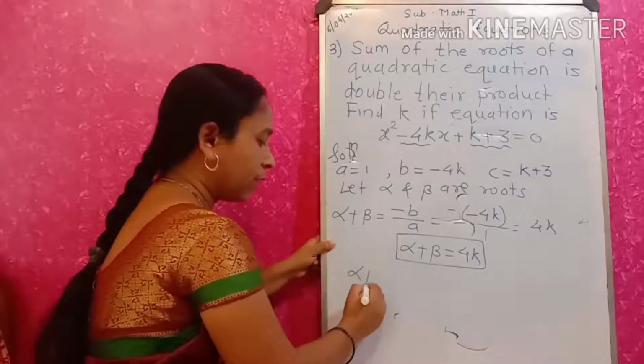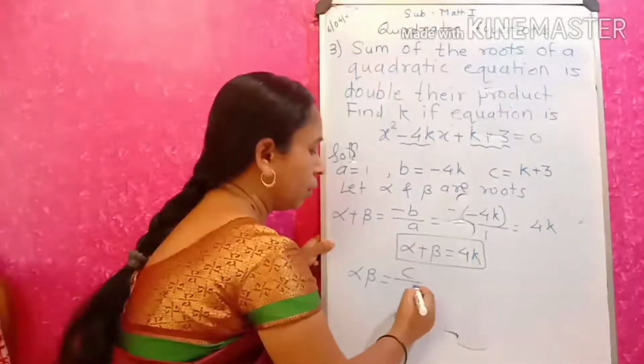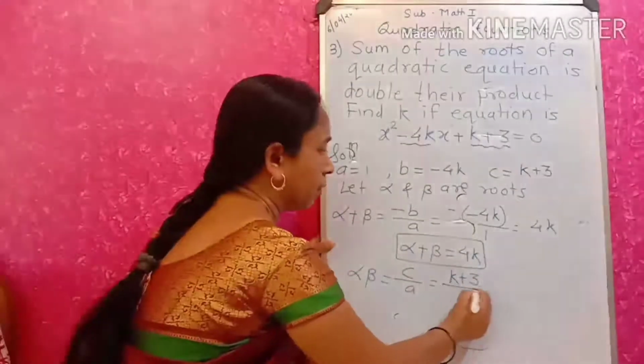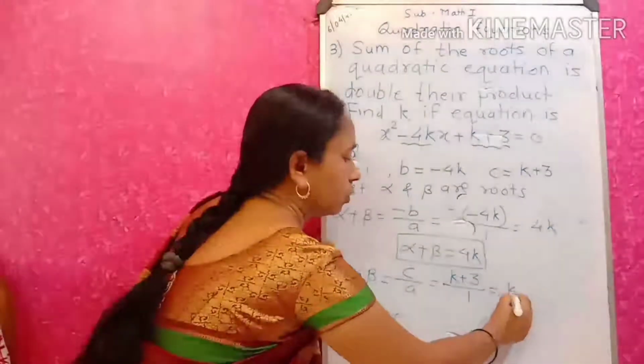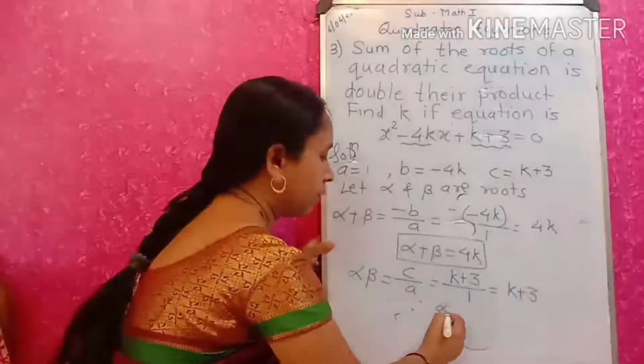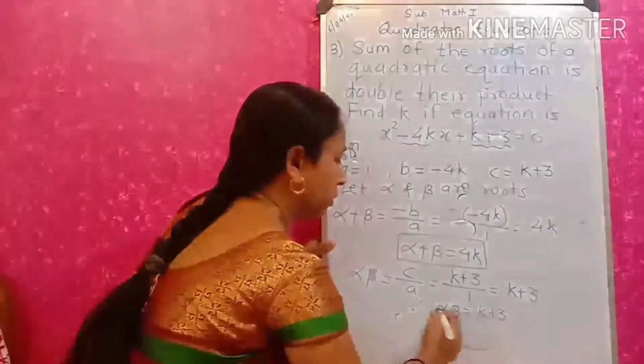Now alpha into beta is equal to C upon A. C value is k plus 3 upon 1, equal to k plus 3. Therefore, alpha into beta is equal to k plus 3.